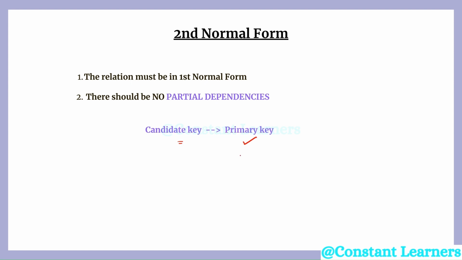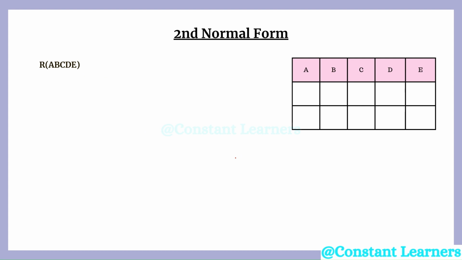Now let's take two different examples. In the first one, we have a relation, a table, with attributes A, B, C, D and E. The functional dependencies are: attributes AB determine the attribute C, AB also determine the attribute E, and attribute B alone determines the attribute D. We've already discussed functional dependencies, so we're not getting into the details.